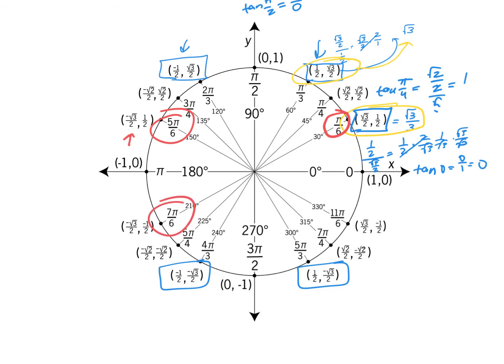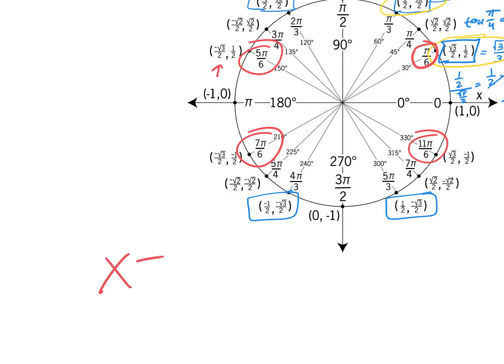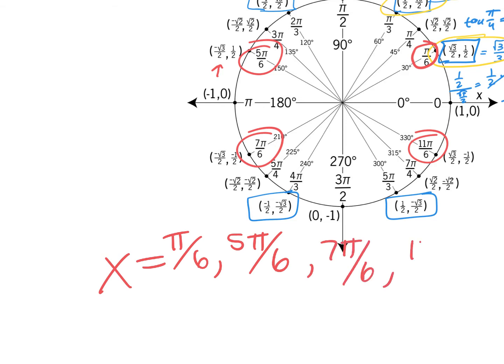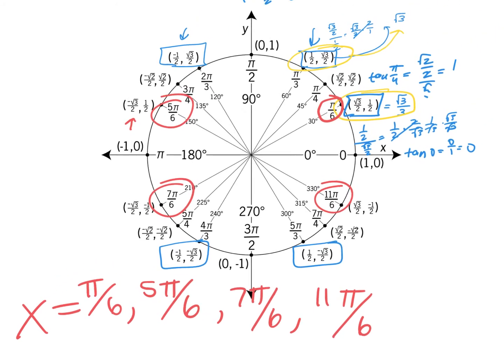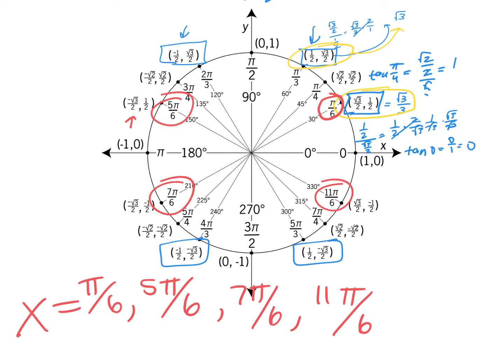And where else? 11 pi over 6. So you have 4 answers. X equals pi over 6, 5 pi over 6, 7 pi over 6, and 11 pi over 6. Now again, if you don't memorize that, not a big deal. Just remember to find the tangent, you put the y value over the x value.